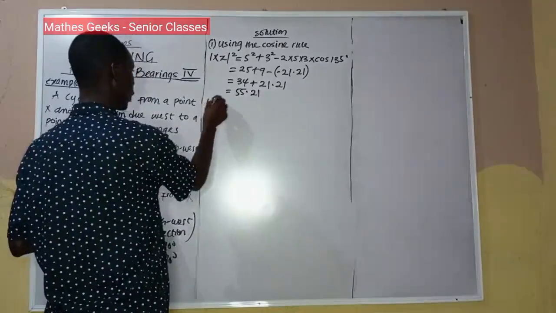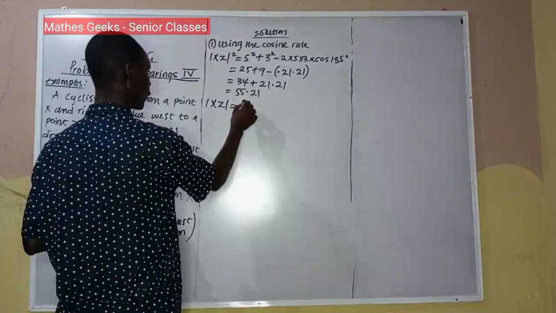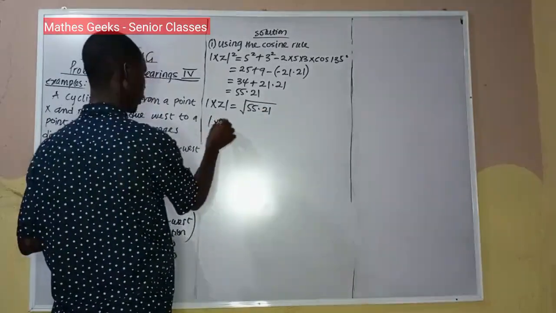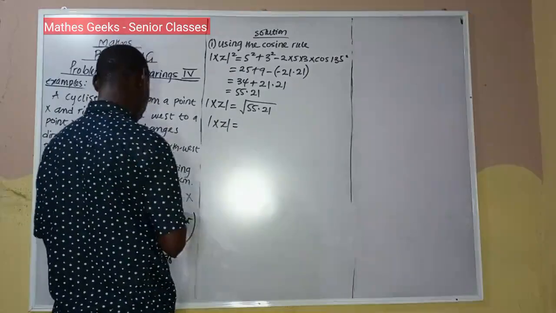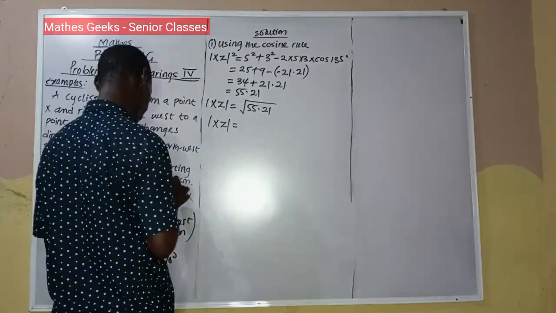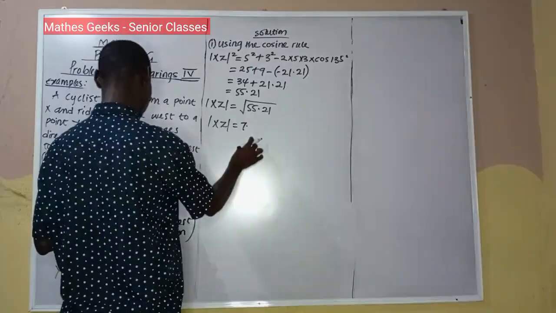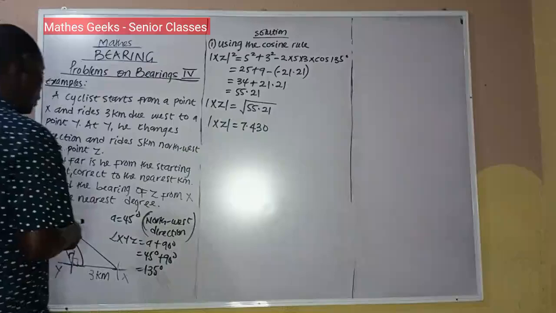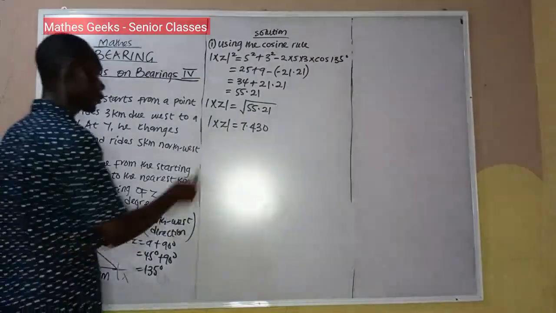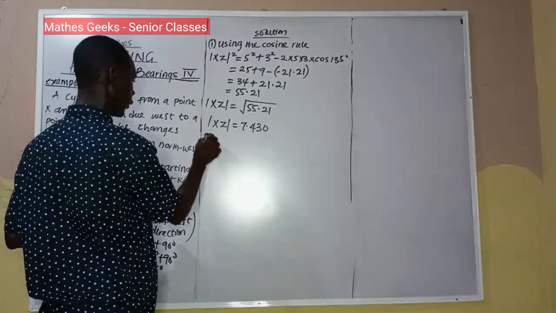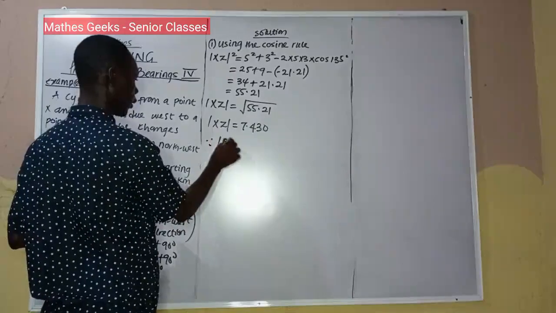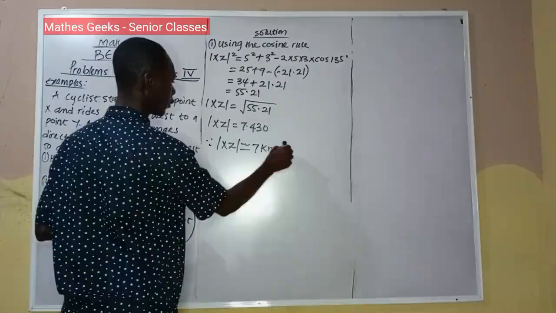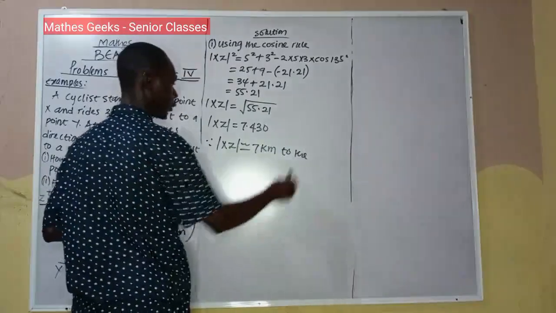So line XZ is equal to the square root of 55.1, which is 7.42. Therefore line XZ is approximately 7 kilometers to the nearest kilometer.